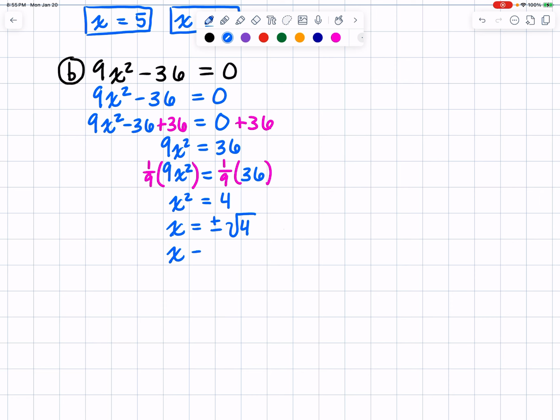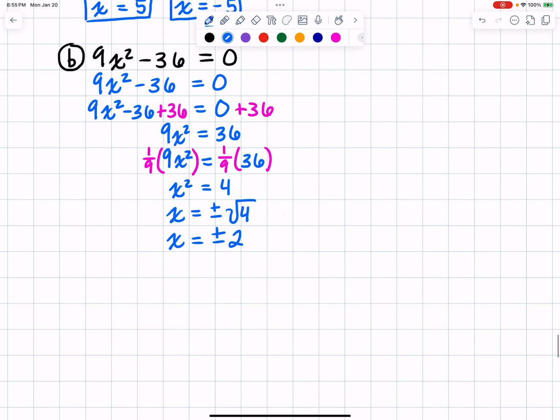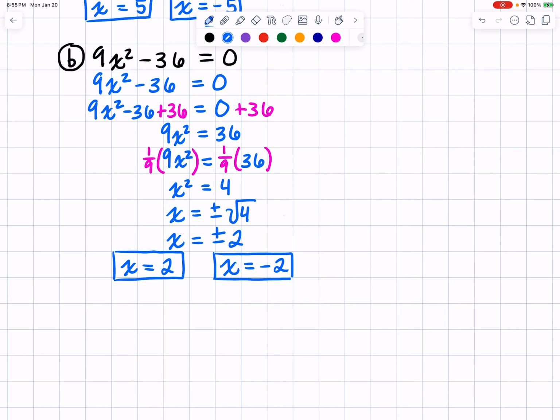So x equals plus or minus 2. Now to write our final answer, we're going to want to write them separately. So we're going to want to write x equals 2, like this, and x equals negative 2, like this. And then we're done. All right, let's try one more.